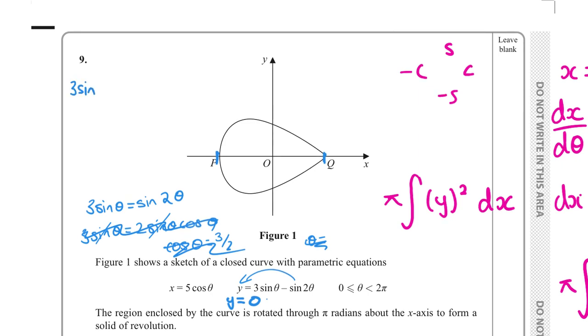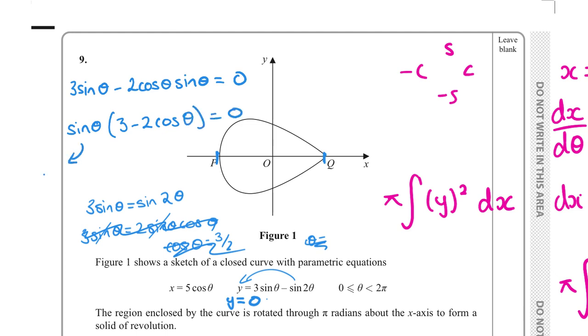Okay, 3 sine theta, I'm going to do this the other way. Minus 2 cos theta sine theta. They all have a sine theta in common. So sine theta, brackets, 3 minus 2 cos theta equals 0.